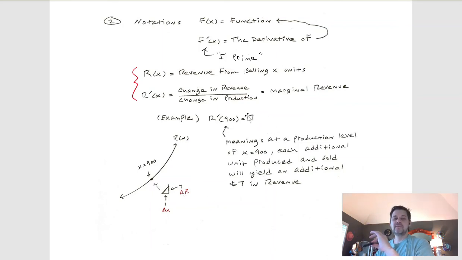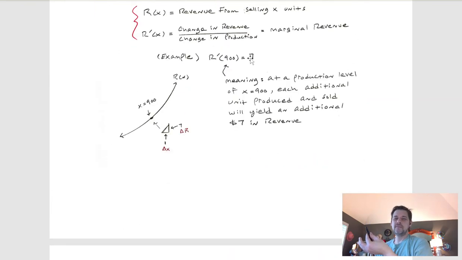If the marginal revenue, R prime, is 7, it means if we increase production by 1, we'll increase revenue by $7, let's say. That's a number, okay? It tells me if production changes by this amount, revenue will change by this amount. And that gives me the numbers for what they are. 7 being 7 over 1, all right? Production changed by 1, revenue changed by 7.